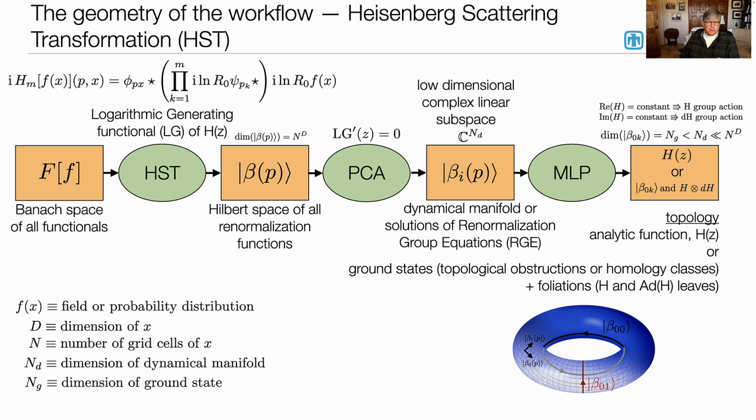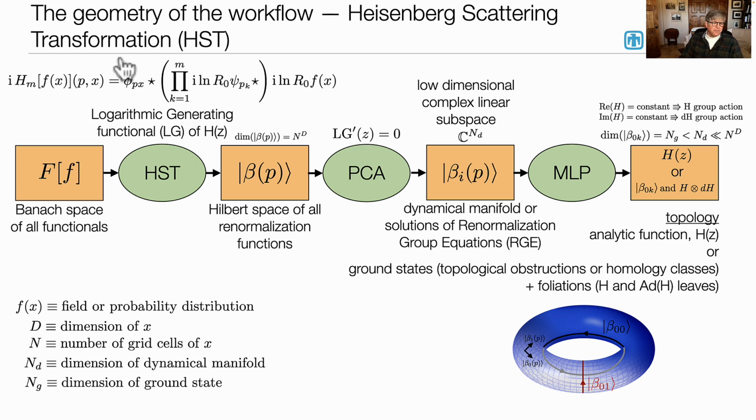There's good reason to choose the Heisenberg scattering transformation, because this is really a canonical way, or a Heisenberg way, of looking at quantum field theory. But I'm not going to talk too much about that as I go through this.